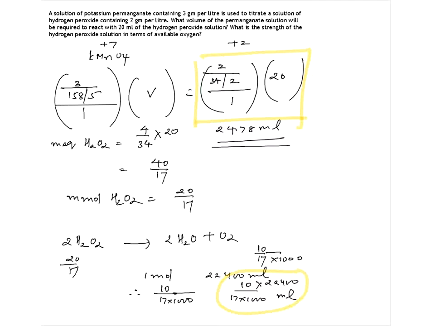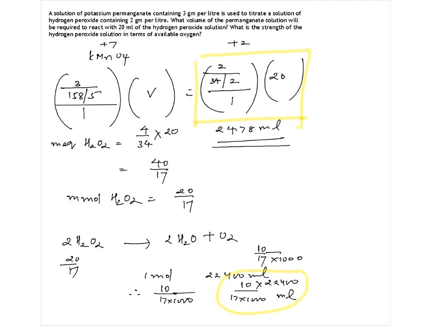If the solution of hydrogen peroxide that you took was stronger, it would give more oxygen. Stronger solution, more oxygen it will give. Dilute solution, less oxygen it will give.